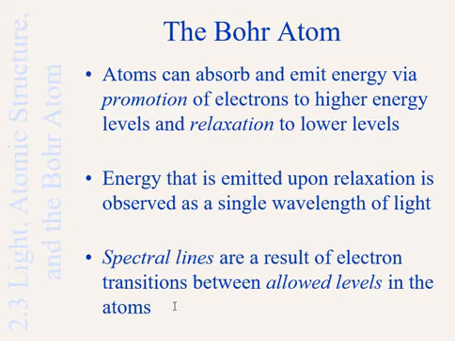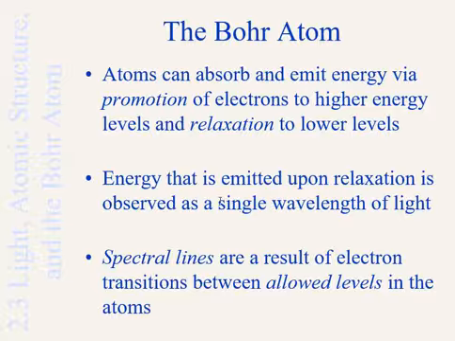We are going to look at something called emission spectra of different atoms. Emission spectra is when those atoms have their electrons all excited by absorbing some energy, and then they release that energy back in the form of light.